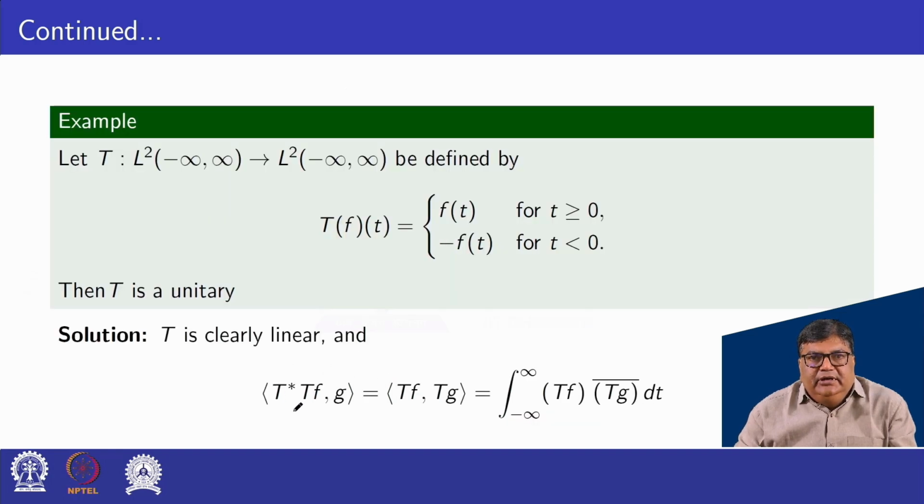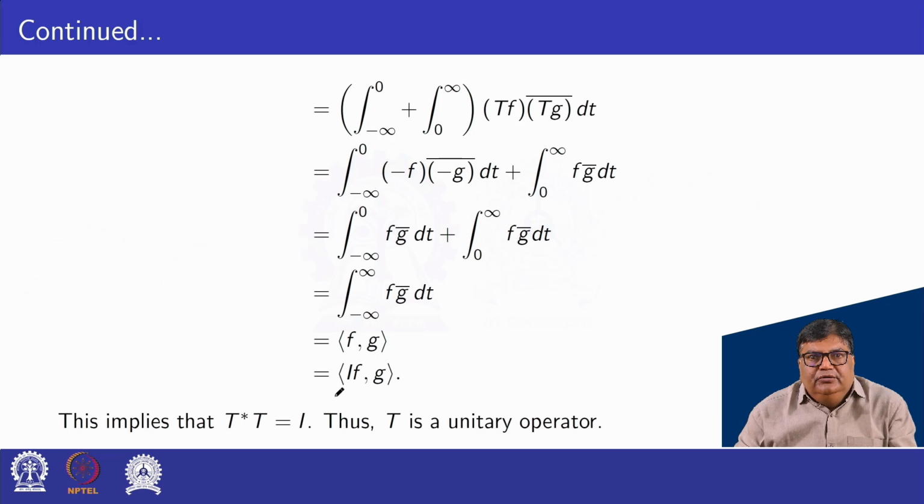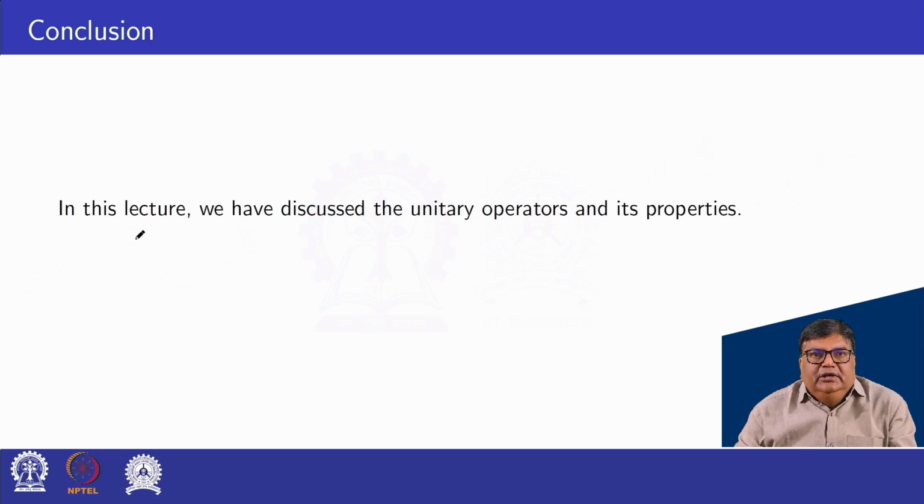Hence T star T f is equal to If, that is T star T is equal to I. Thus T is a unitary operator. In this lecture, we have discussed the unitary operator and its properties.